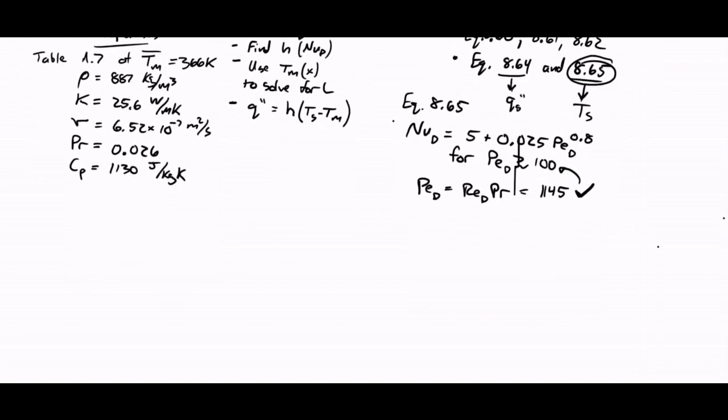Okay, so we have the Peclet number. Let's now actually calculate our Nusselt number. So the Nusselt number is equal to HD over K of our fluid, and in this specific case is also equal to our correlation, 5 plus 0.025 times our Peclet number raised to the 0.8.